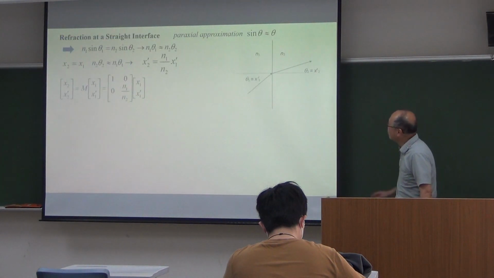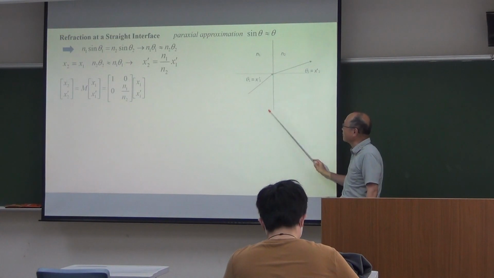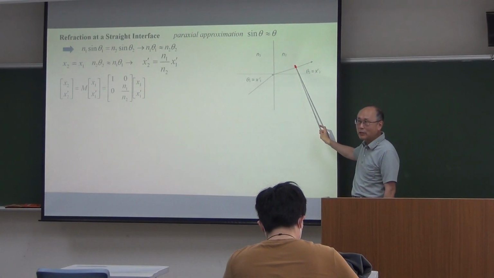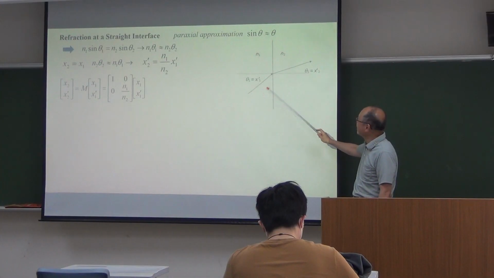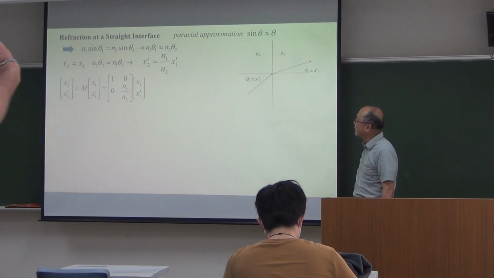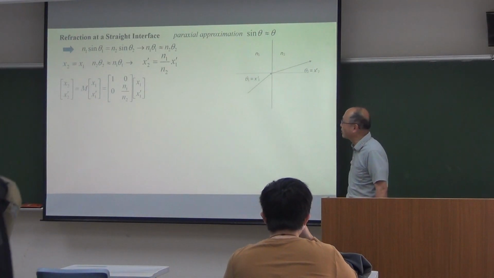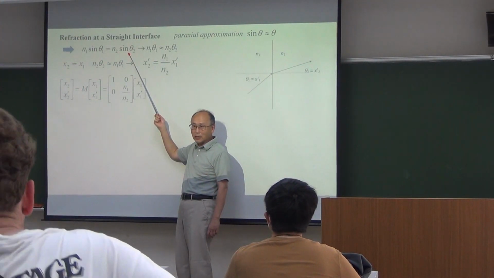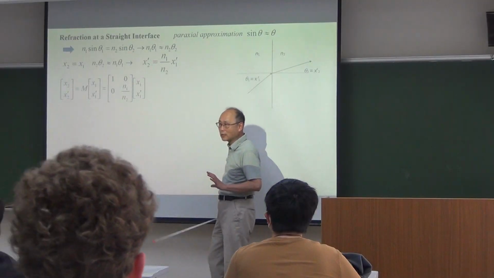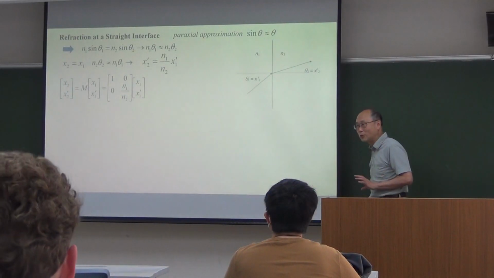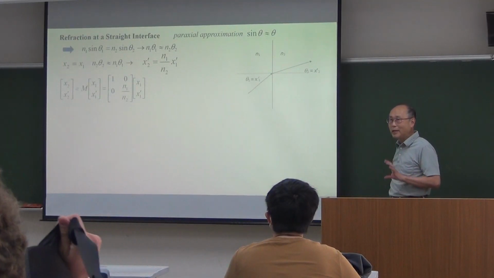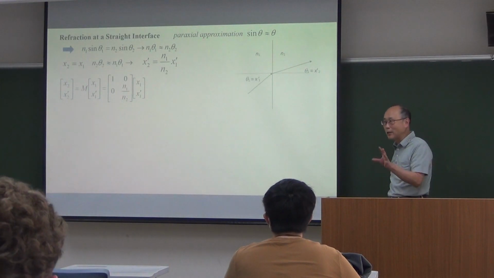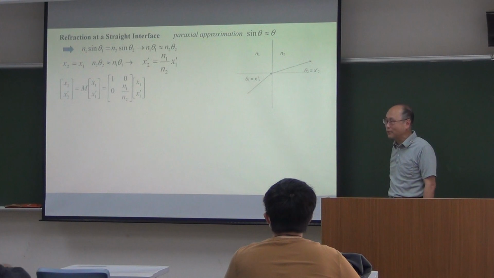For example, you have a material interface right here, and this light ray is going to follow Snell's law to build a relationship like this. But this is non-linear. And I just told you that if you want to use a ray matrix to describe an optical system, it has to be linear. Otherwise you cannot do multiplications of the matrices.